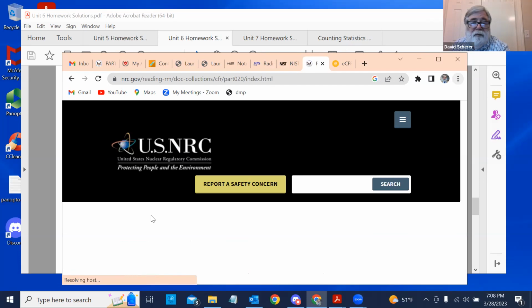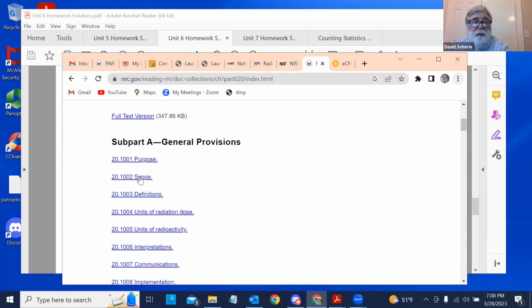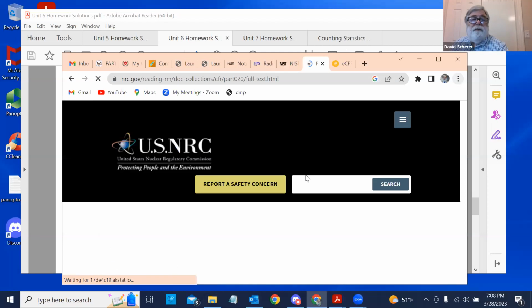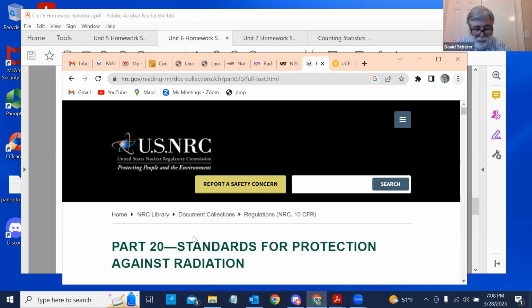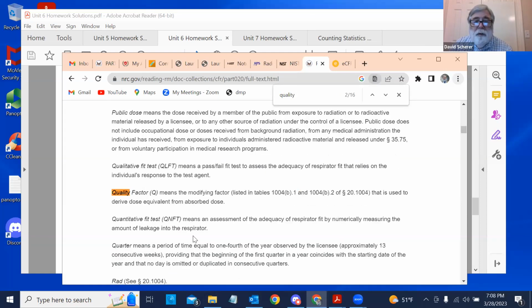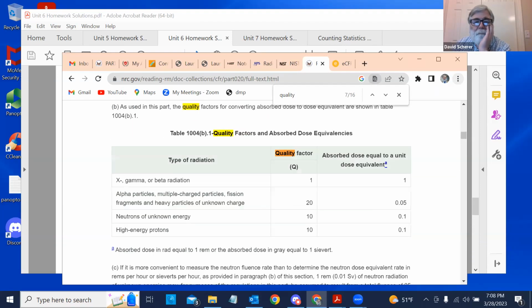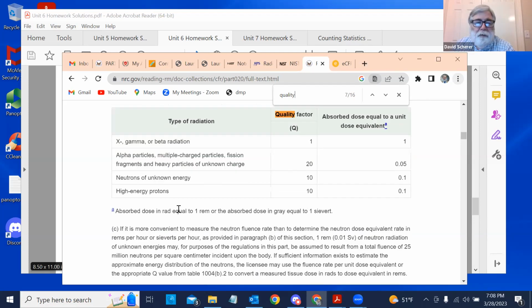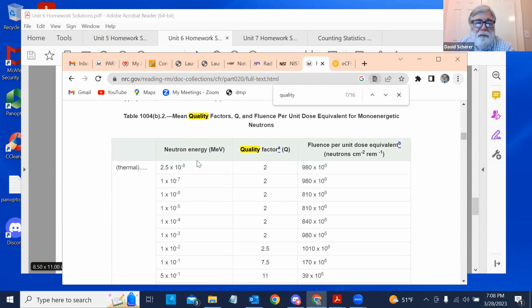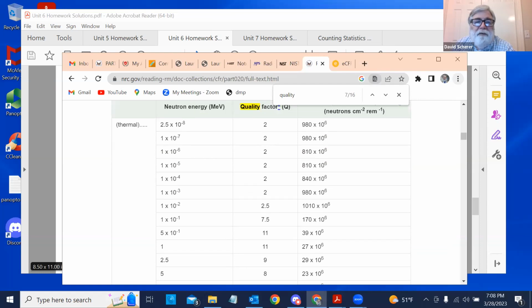Let's go to 10 CFR 20, the full text version, and press Control F. There's a table with all the quality factors. There it is, right here. So neutrons of unknown energy, it's 10, but there's a table here by energy.